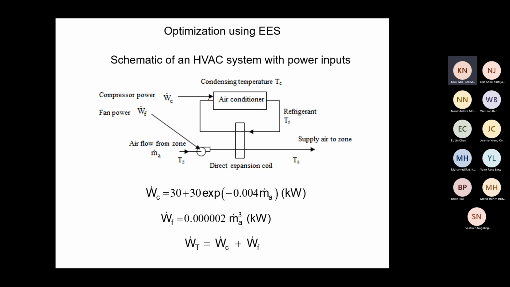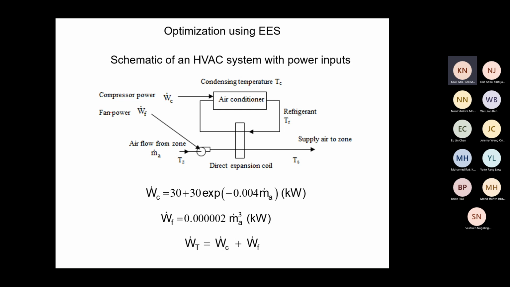You see, if you remember this, I think all of you remember it, the vapor compression refrigeration system. After the compressor, the discharge comes to the condenser section, and then after the condenser it goes to the throttling valve before coming to the section where you want to cool the supply air.